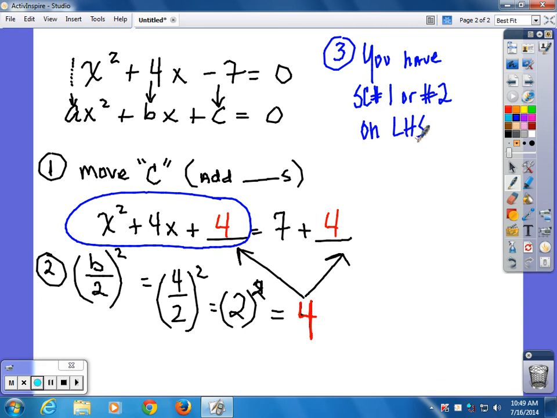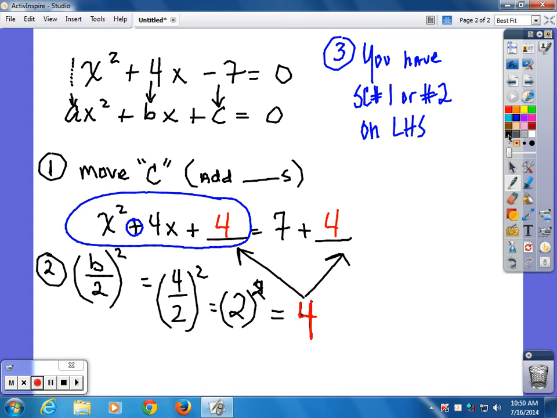And that's what you're supposed to have. Using completing the square, the b over 2, and square it, you are setting up the left-hand side to be shortcut number 1 or shortcut number 2. What is the signifier that tells you which shortcut it is? So, 3 is an observation.